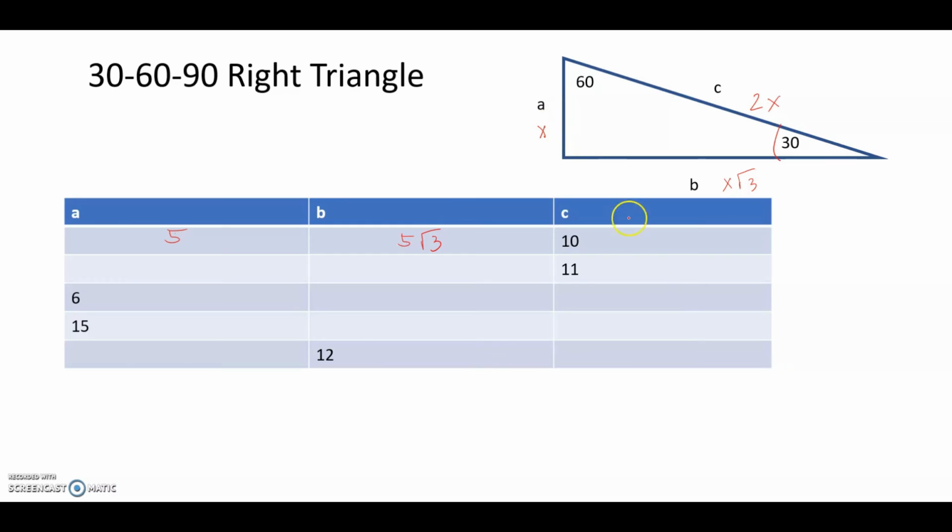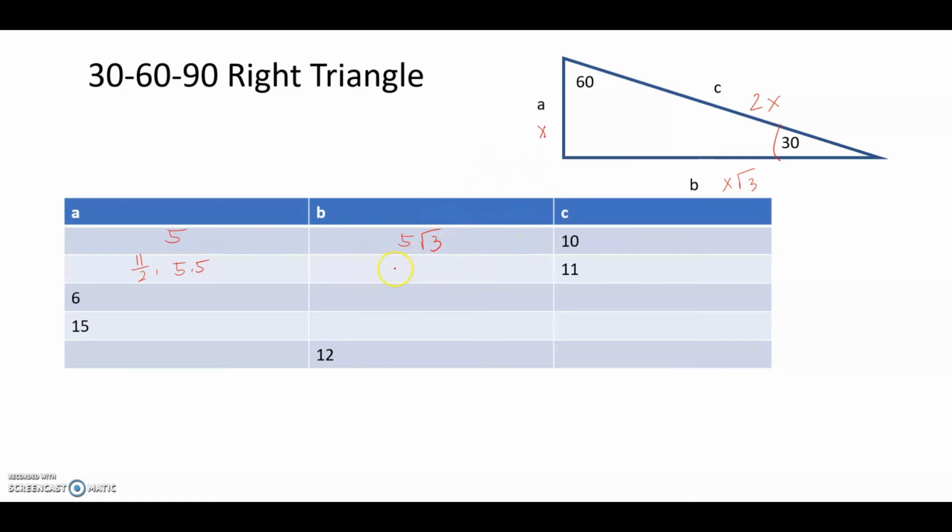Okay. Next, for 11, since there is no exact division for 11, we're going to divide by 2. We can write here as 11 over 2, or by decimal, this 5.5.